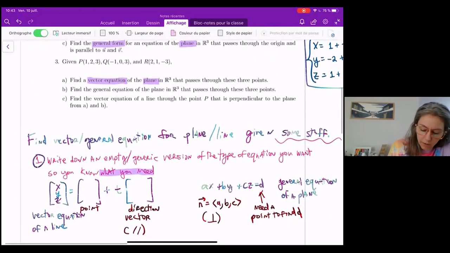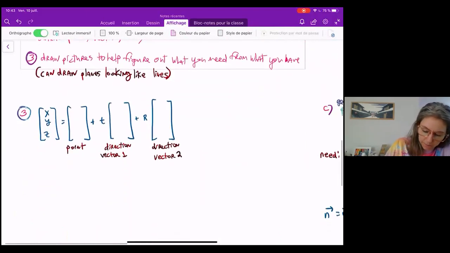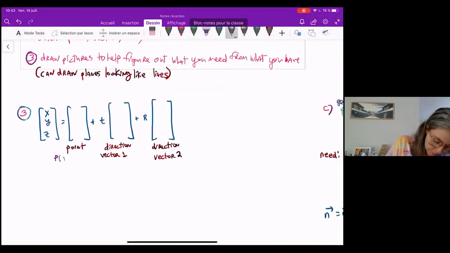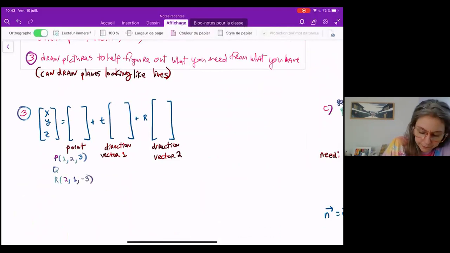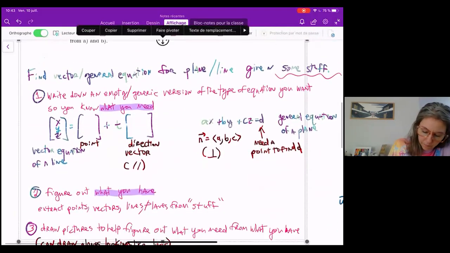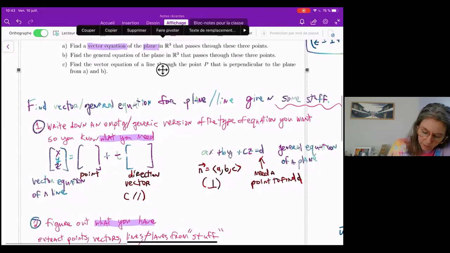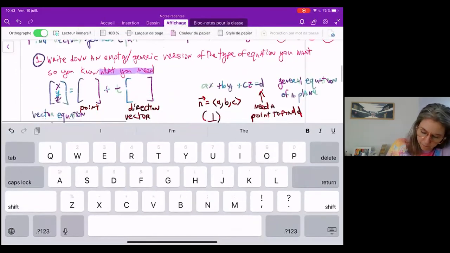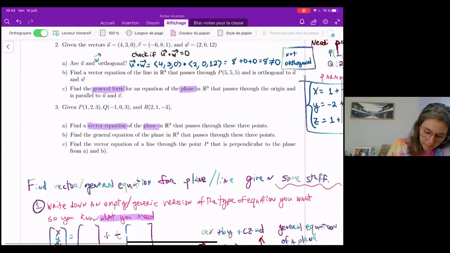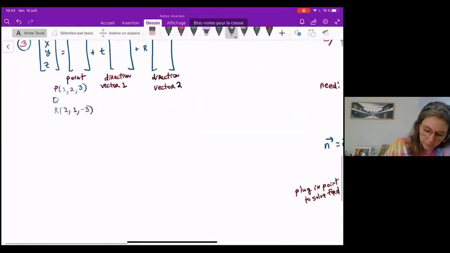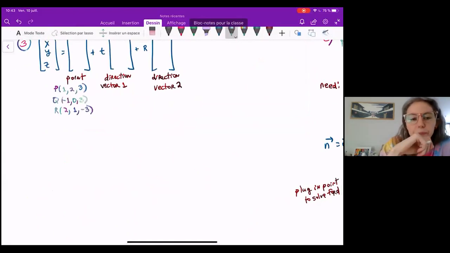So 1, 2, 3, negative 1, 0, 3, or 2, 1, negative 3. I already forgot Q. Negative 1, 0, 3.